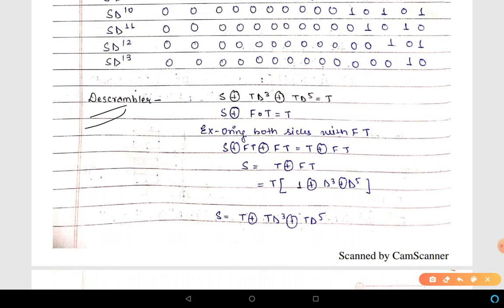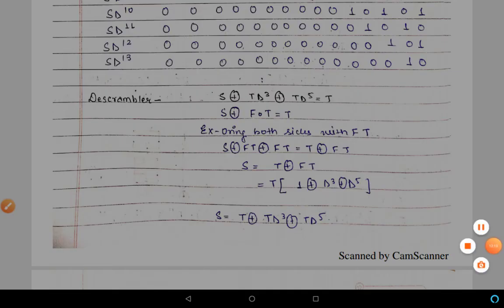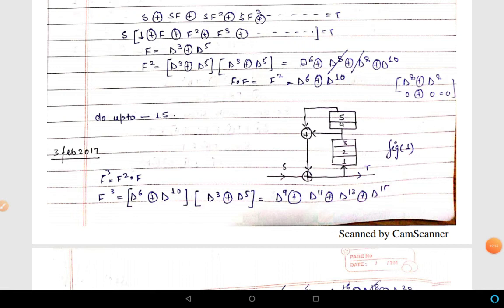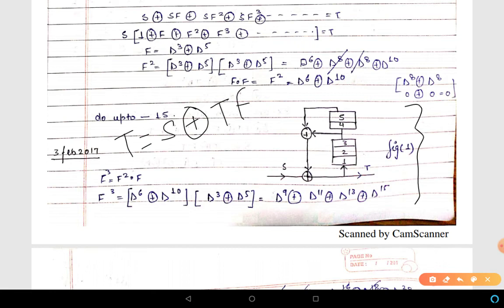So what is available with us is your S, and from this Scrambler design, what we have is T is your S XORed with your TF, okay, where F is D cube XORed with D5.